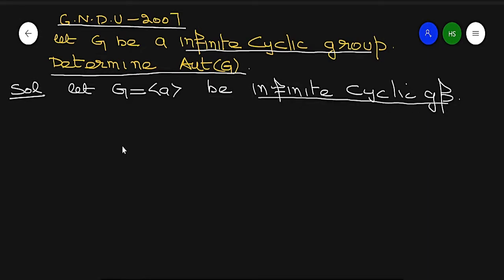My question is to determine the automorphism of G. So let T belong to the automorphism of G. So it means T is one-one and onto as well as a homomorphism.